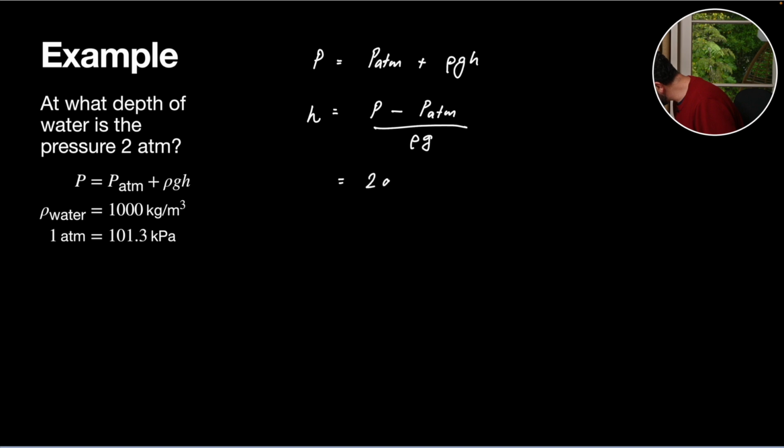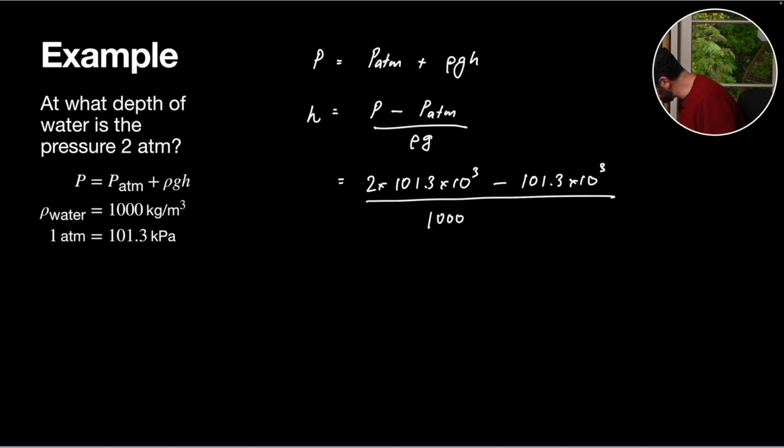The pressure we're interested in is 2 atmospheres, so let's write it in Pascals straight away. So 2 times 101.3 times 10 to the 3, minus atmospheric pressure. This is that same 101.325 number I was talking about before, we just don't necessarily need all those significant figures. Divided by the density of water, 1000, times g, 9.8, which gives me a depth of about 10.3 meters.